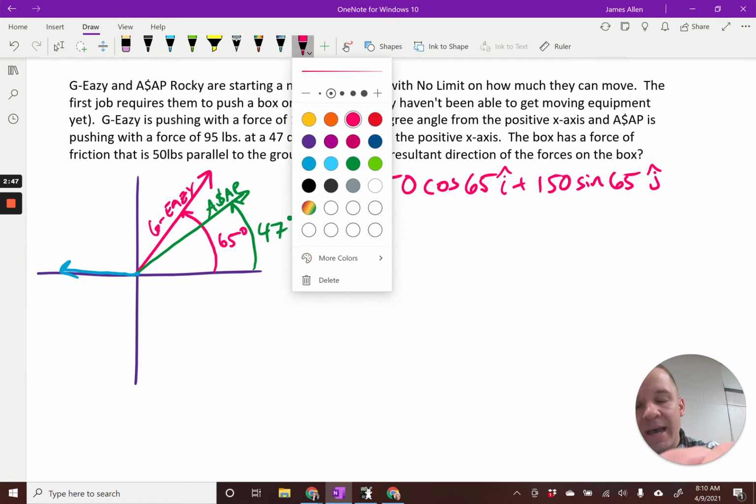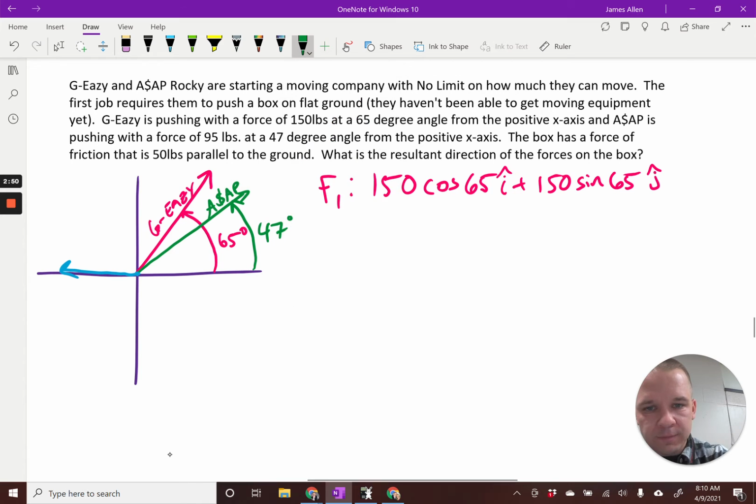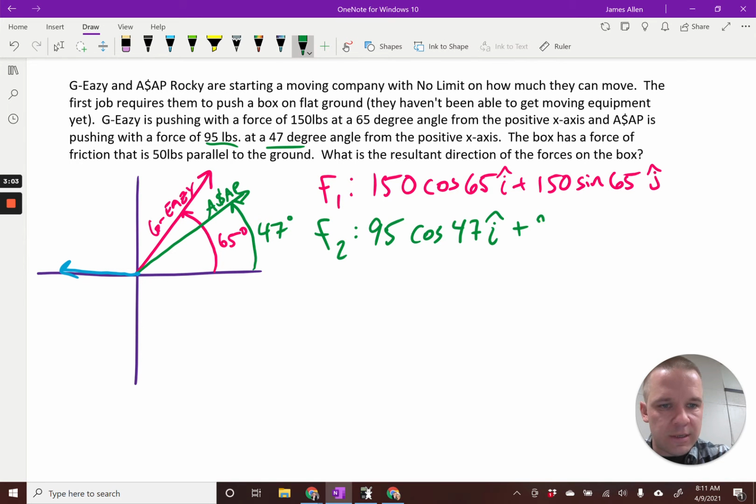Then ASAP, going green, that'll be force 2. Here we've got 95 with a 47-degree angle. So 95 cosine 47 I hat plus 95 sine 47 j hat.